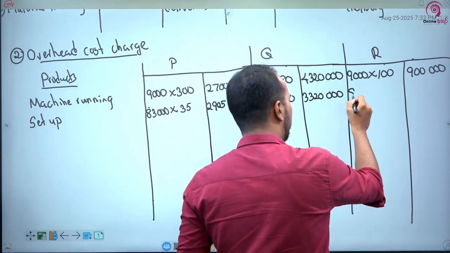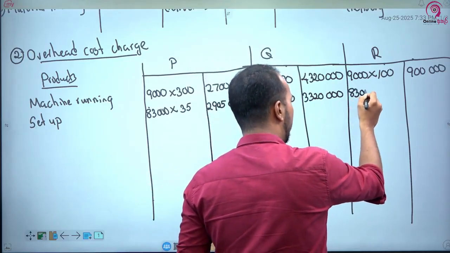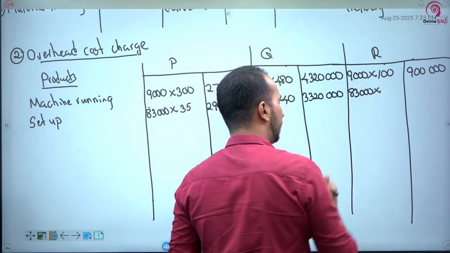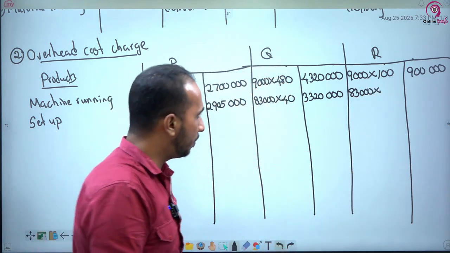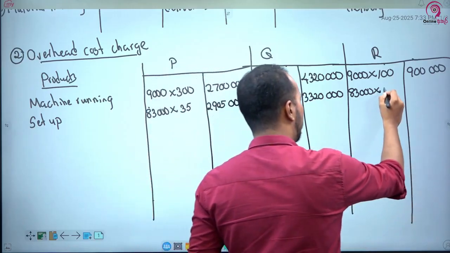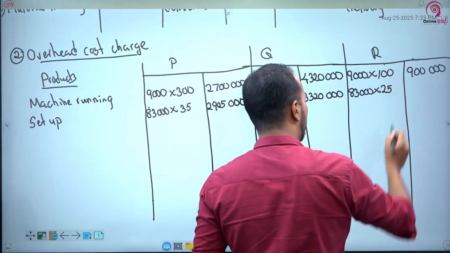In the same way, you can calculate the setup cost for product R. The cost per cost driver is the same. It is 83,000 per production run. When it comes to product R, how many production runs? It is 25 production runs.